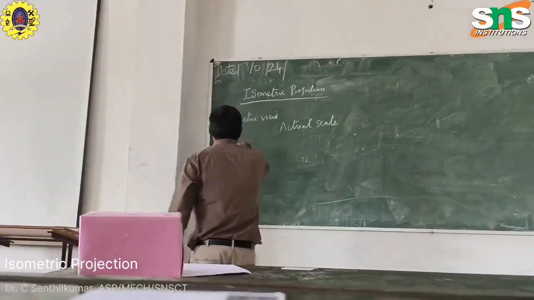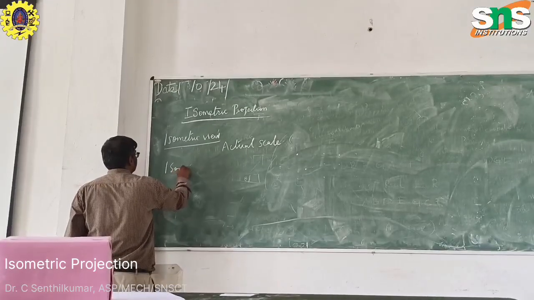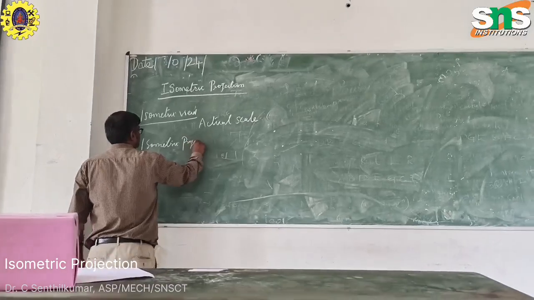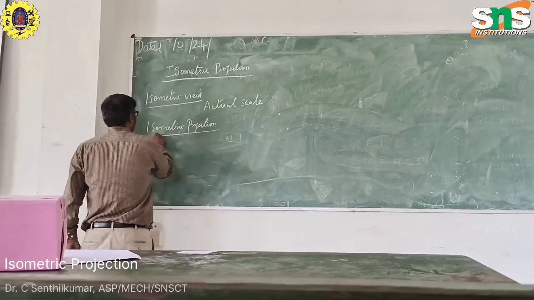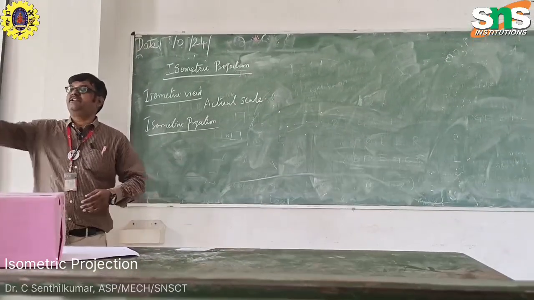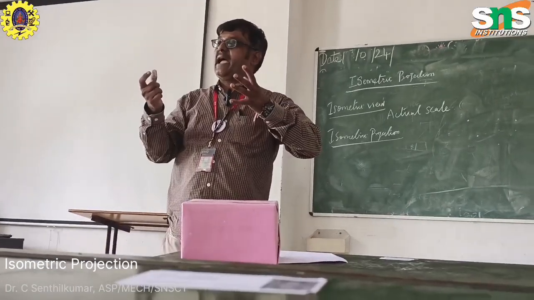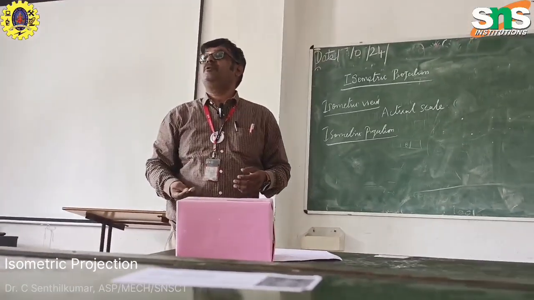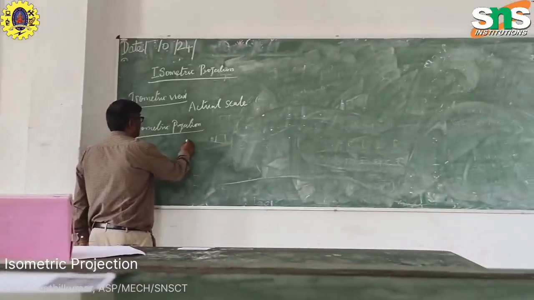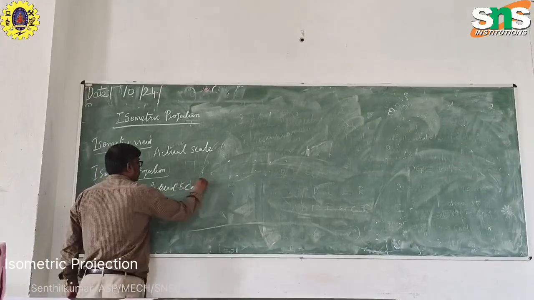There is another view which is called isometric projection. Which means when they give a view which can be reduced, because when you are seeing at a certain angle you will not get the actual dimension. That is called isometric projection, which gives the value at reduced scale.